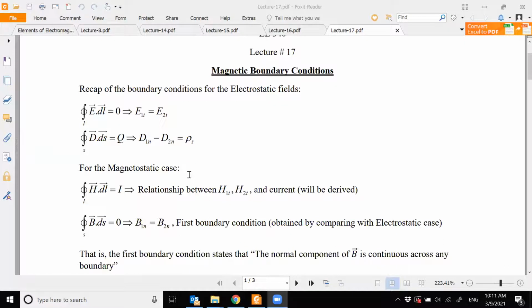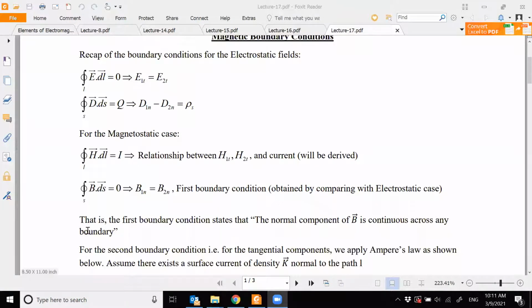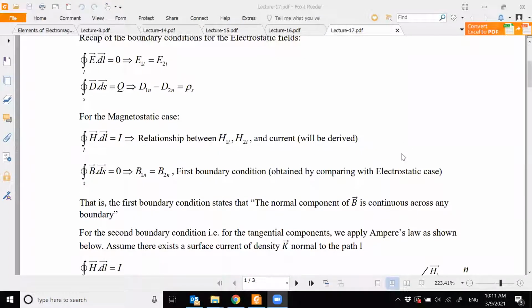Now, let's see how the magnetic field will behave when it experiences a boundary. So here again we can start, and our starting point is Ampere's law.